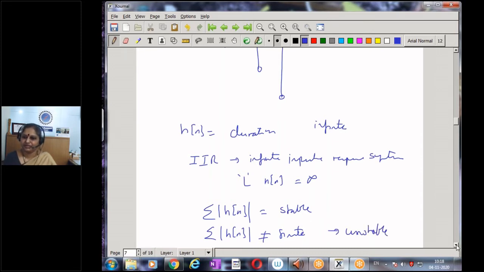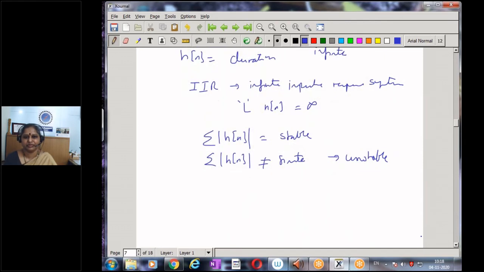So by looking at the impulse response, we can comment on the stability of the system, and we can of course look at the length of the impulse response and say if it is an FIR system or an IIR system.